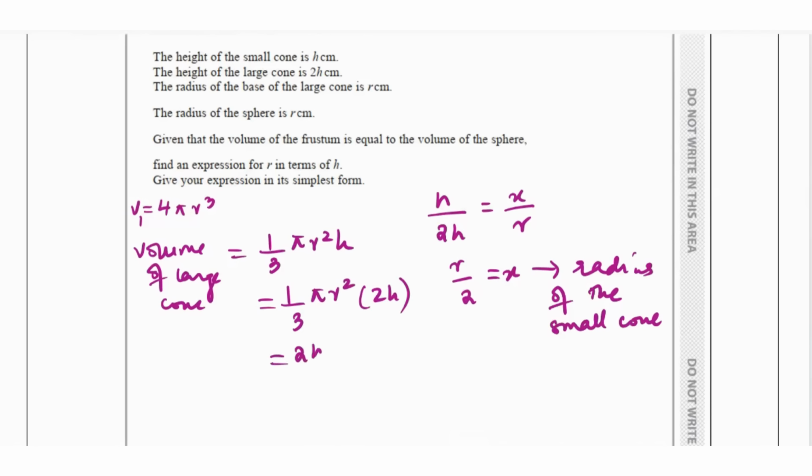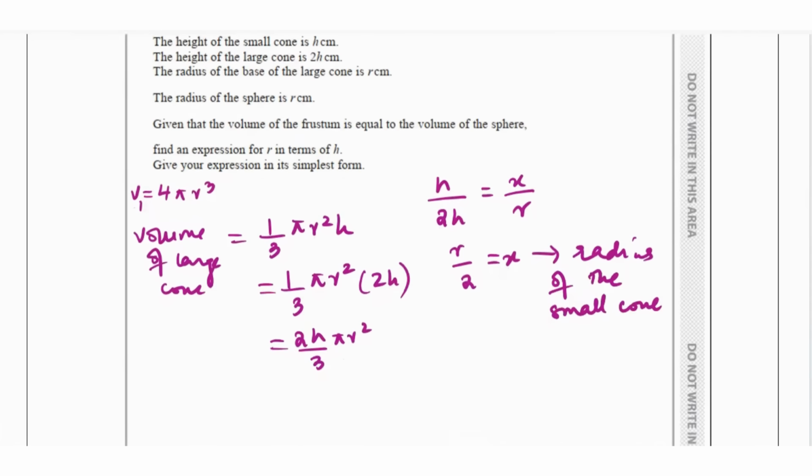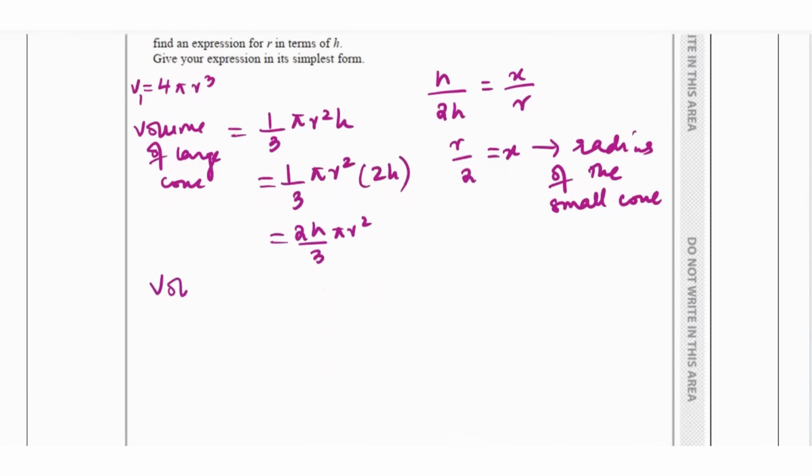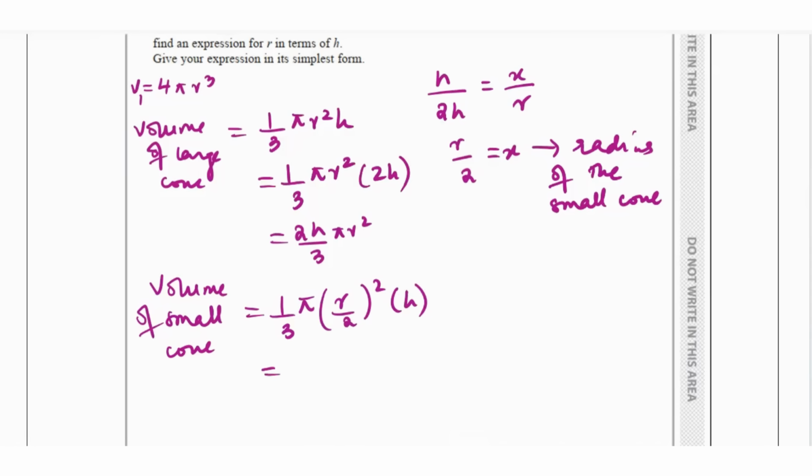So that's 2h over 3 pi r squared. Now the volume of the small cone is 1 over 3 pi times r over 2 squared times h. So that's r squared over 12 times pi h.